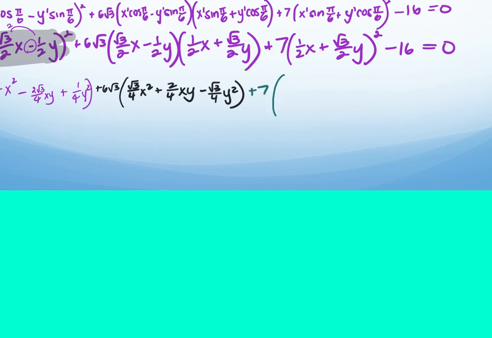I square the first term, which would be 1/4 x squared. I square the last term, which would be positive 3/4 y squared. And I double the product. So 2 times root 3 over 2 times 1/2 is positive 2 root 3 over 4xy. And I'm going to bump the 16 to the other side. You could keep it there, move it later. It doesn't matter when you move it, just don't lose it.